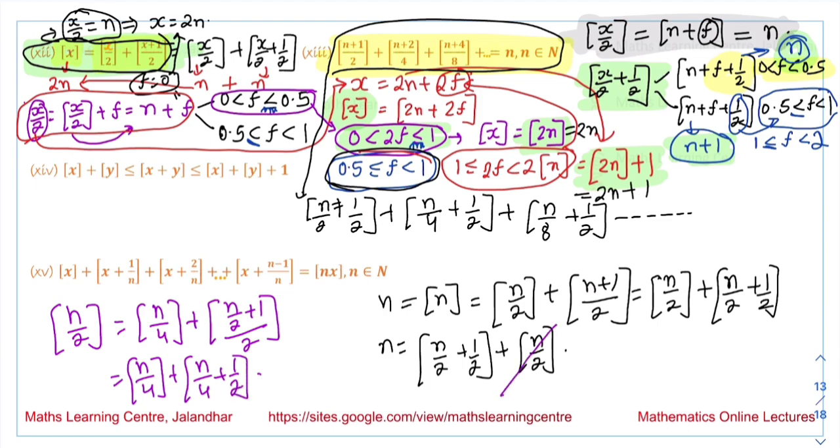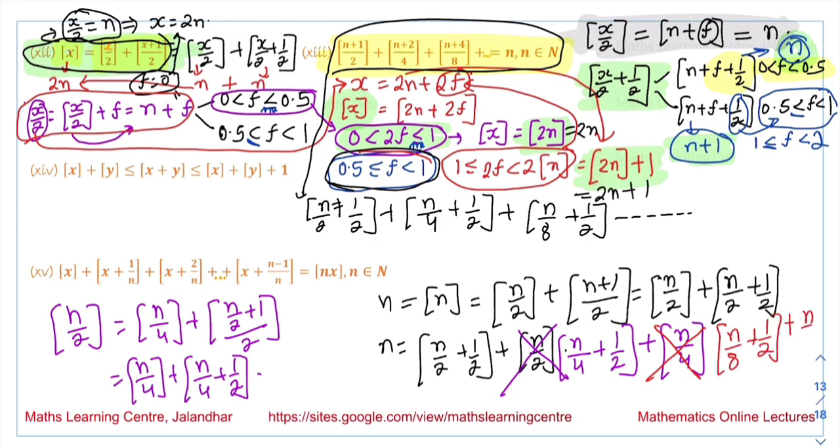So in place of this n by 2, we are writing n by 4 plus 1 by 2 plus n by 4. Similarly, in place of this n by 4, we can write n by 8 plus 1 by 2 plus n by 8.